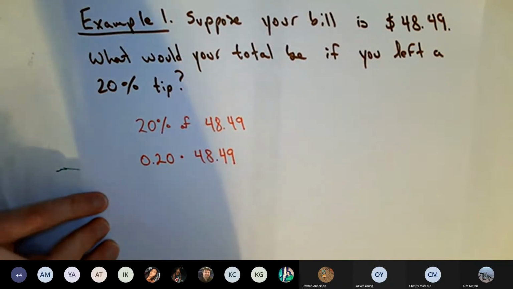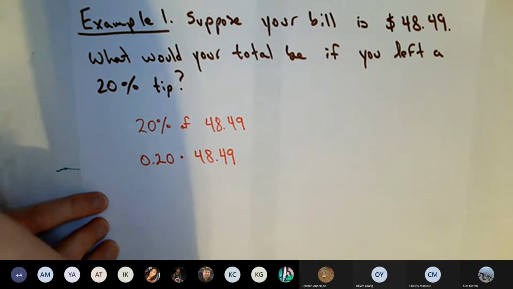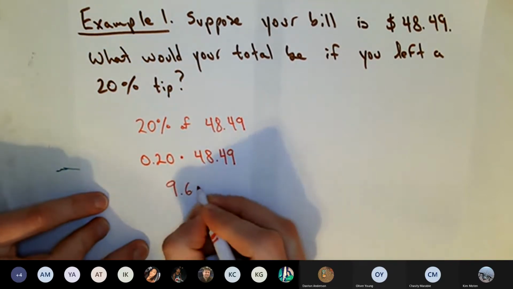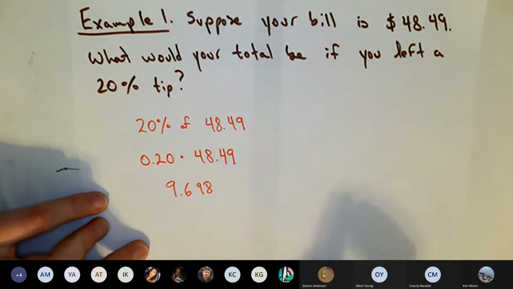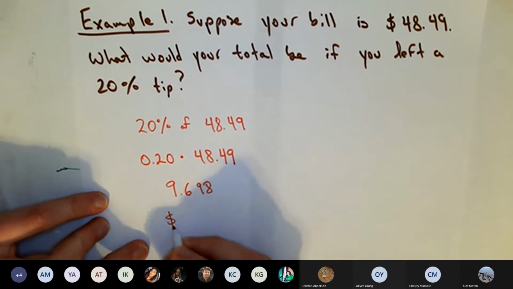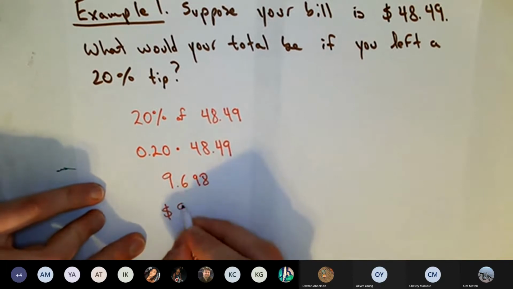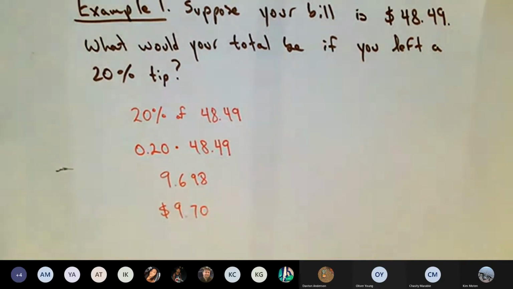So just kind of trusting the math there, getting 9.698, which if we round correctly to the hundredth place, because we're dealing with US currency, is 9.70.